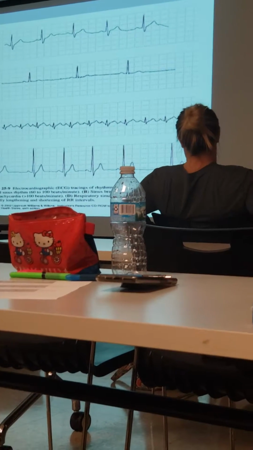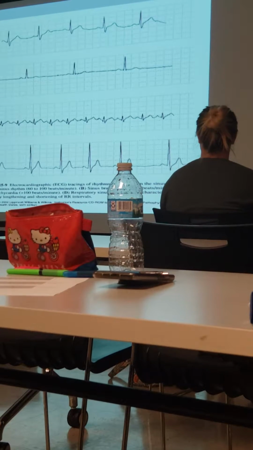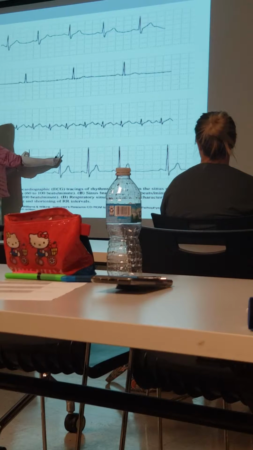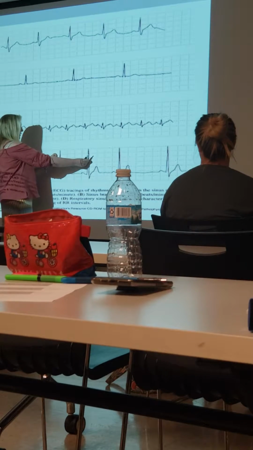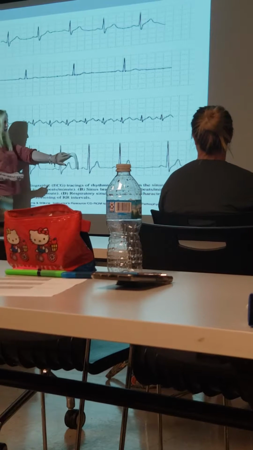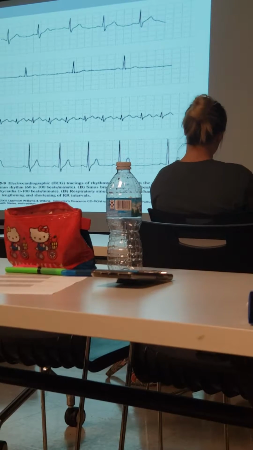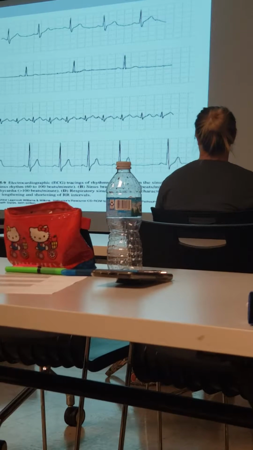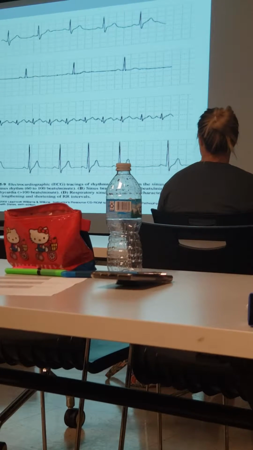If I had a big pair of calipers, which I don't, that won't even fit, but this one fits. So if the R to R's are not regular, I can't use this method. I need, just like if I was taking a pulse, to take it for the entire minute.